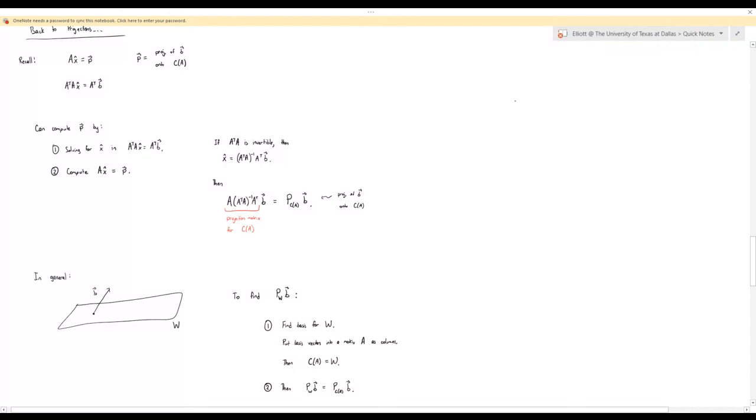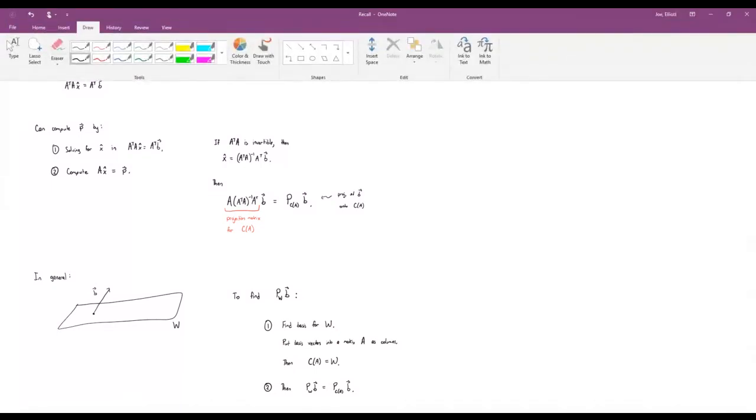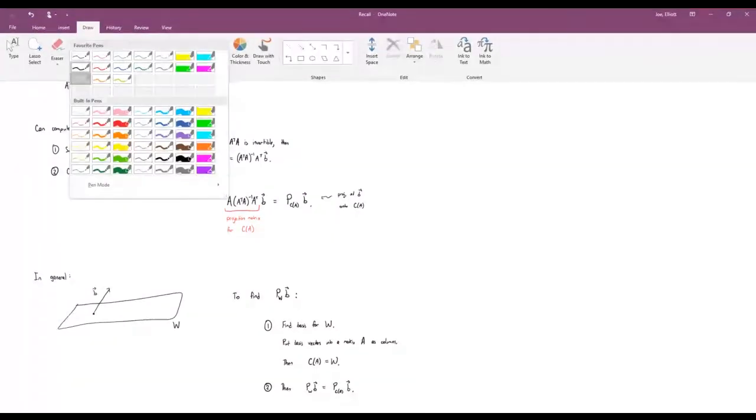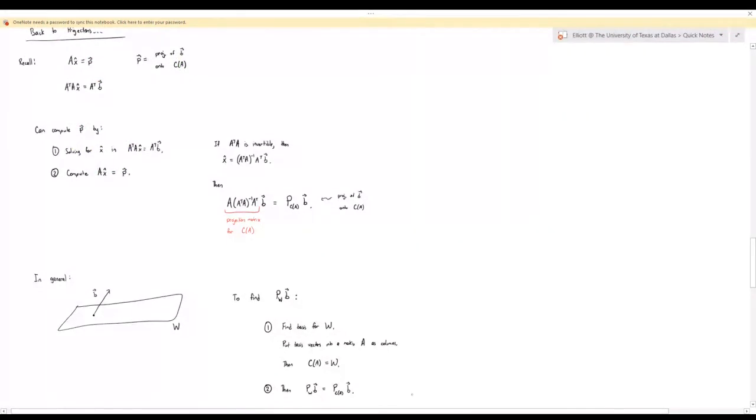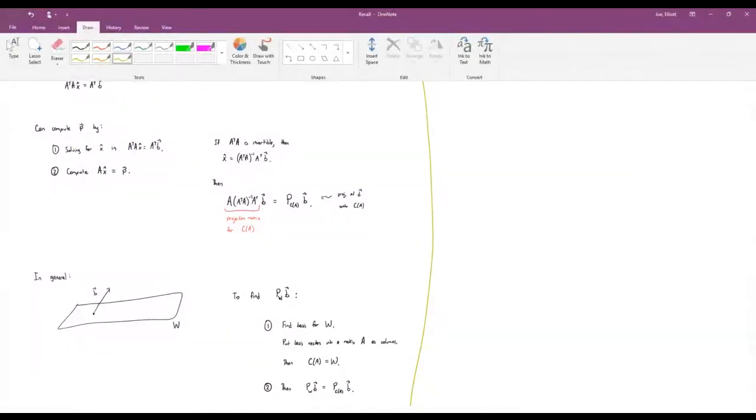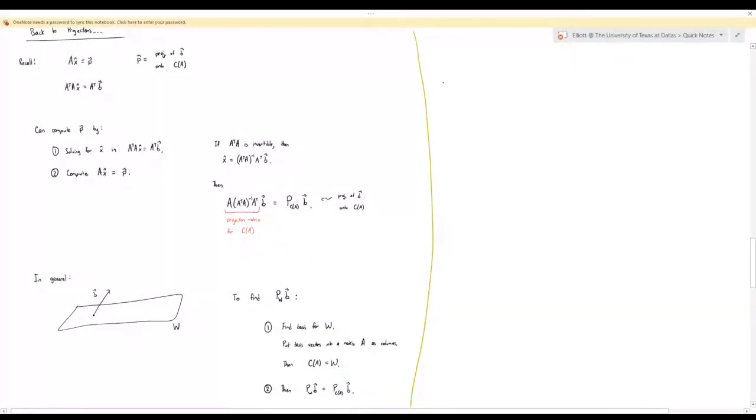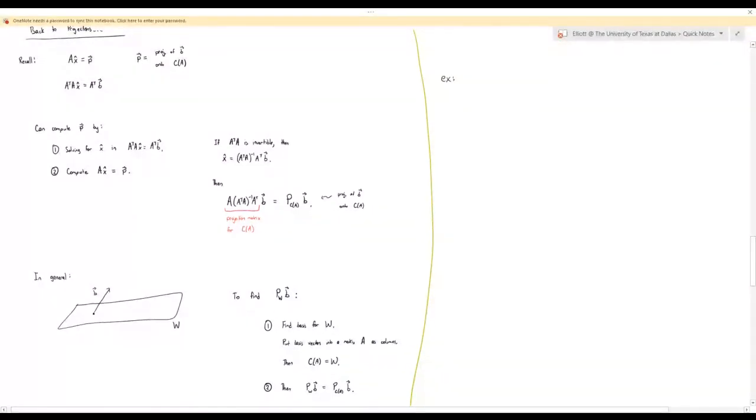So I'm just going to do one example, and then we'll probably wrap up with that. So let's say that we're given some matrix A. Maybe I'll keep it a little bit small.